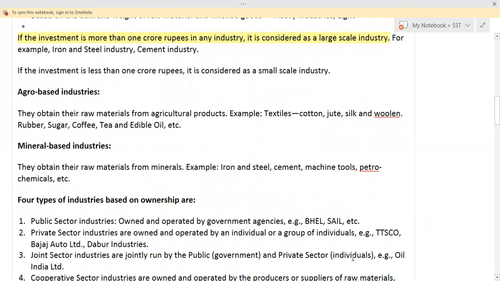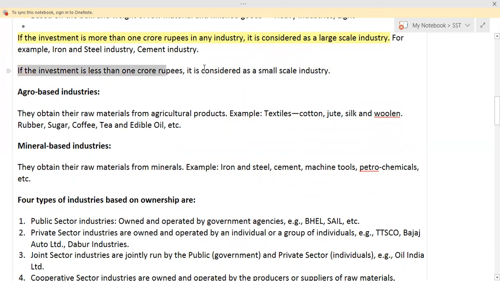So we need a good investment for this. If the investment is less than 1 crore, it is considered to be a small scale industry.